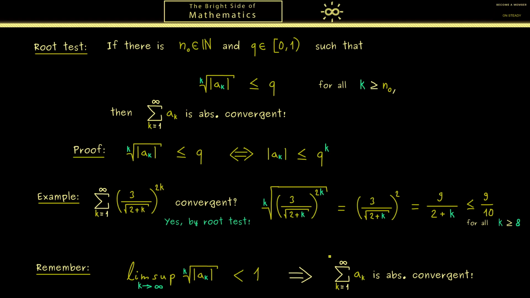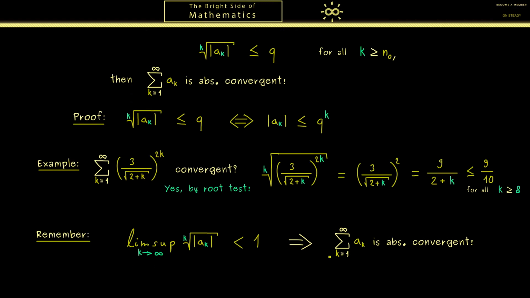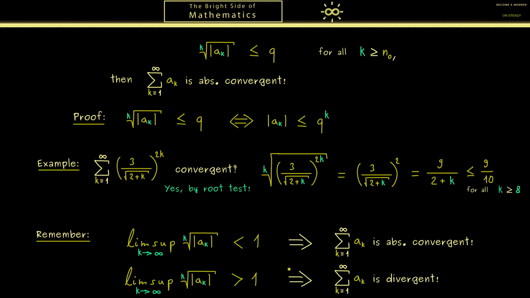Also, what one can prove is that it works the other way around. Meaning if the lim sup we calculate is strictly greater than 1, then the corresponding series is divergent. This also follows from the comparison test with the geometric series, but now with the minorant criterion. Okay, so please remember the whole thing here for the root test.